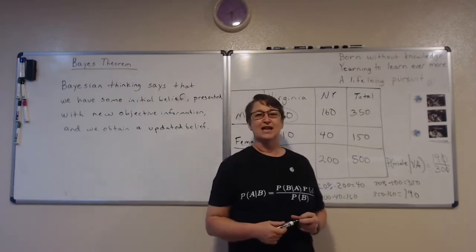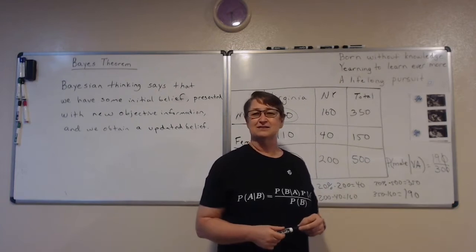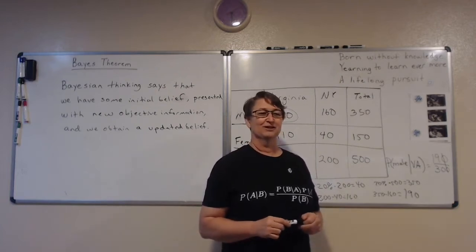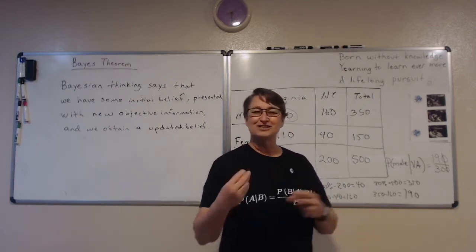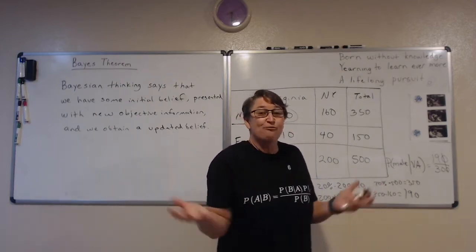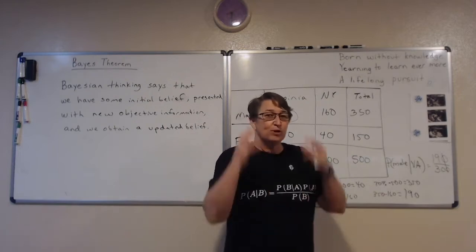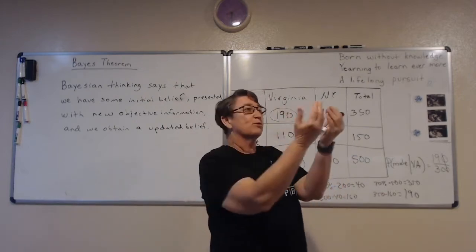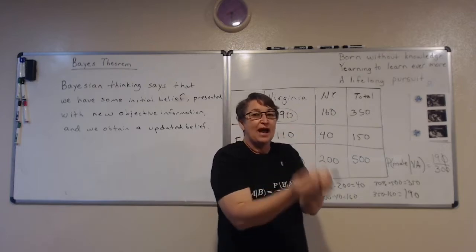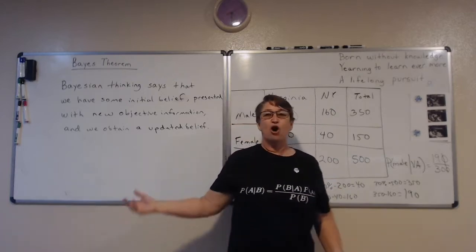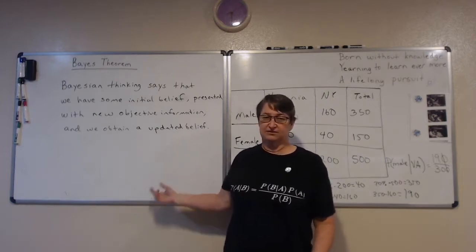And then you take a class or two and you're like, I hate this. I don't like this anymore. I'm not going to be an engineer. Those are the things that happen just every day to us. We see something, we believe one way, we're presented new information, and then our idea changes. So that's all Bayesian thinking is.